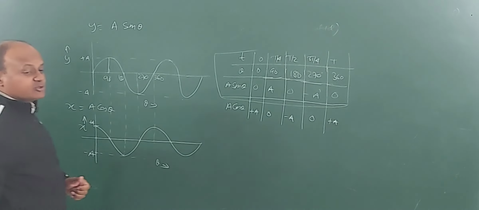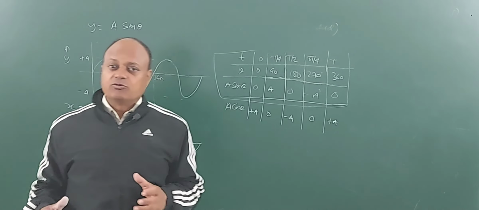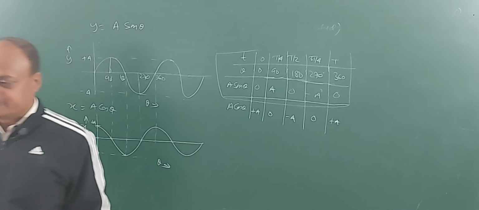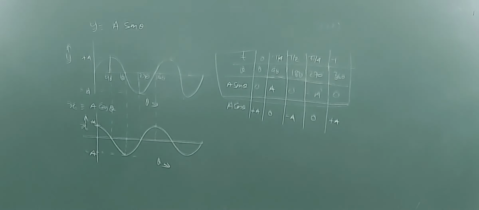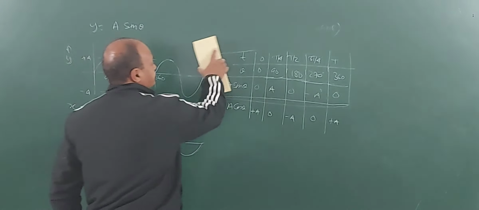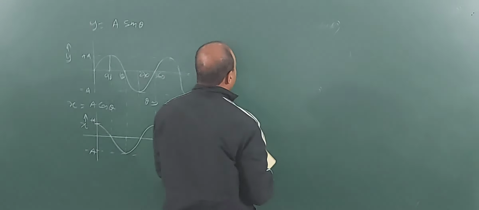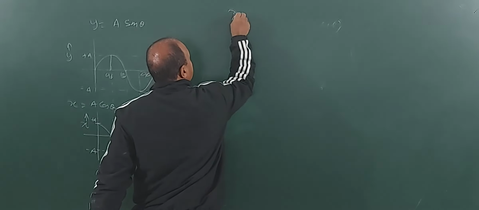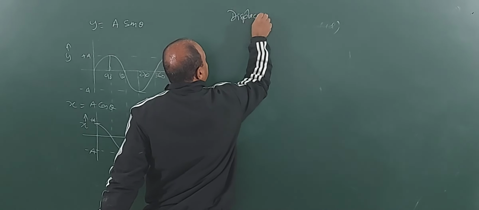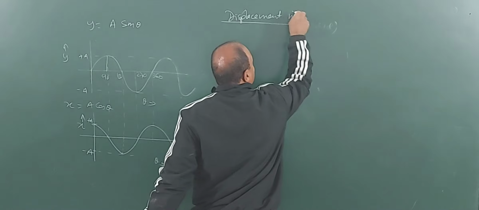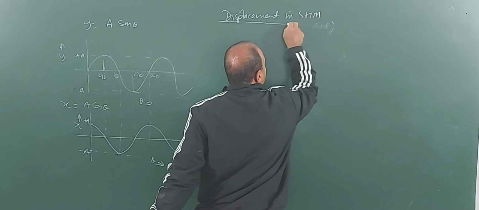Now children, once you have understood this, we will try to see what is displacement of a particle in simple harmonic motion. Okay? Displacement of a particle in simple harmonic motion. What is displacement? Displacement in SHM, simple harmonic motion.